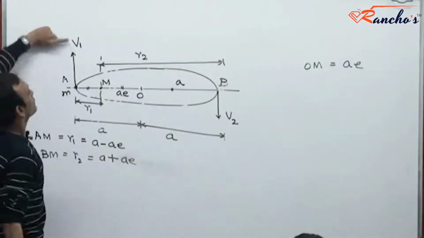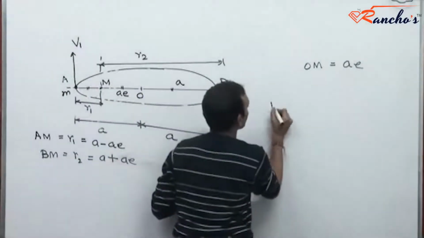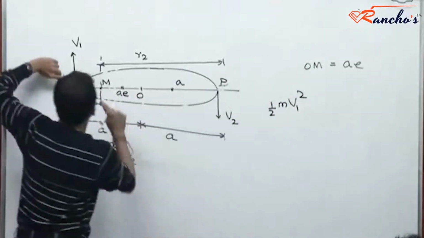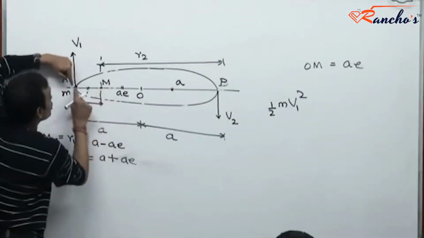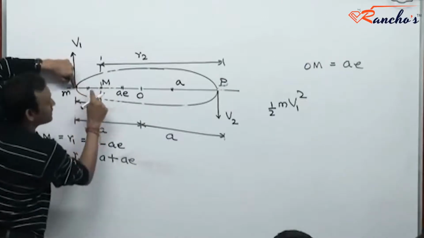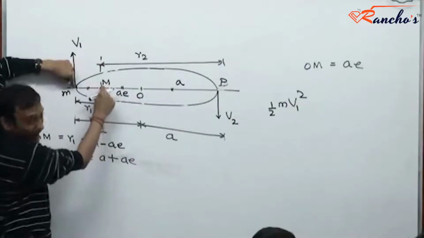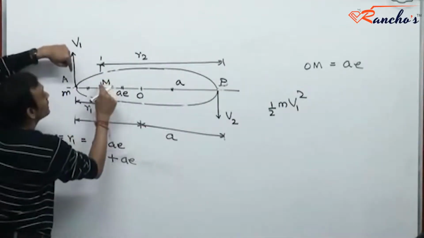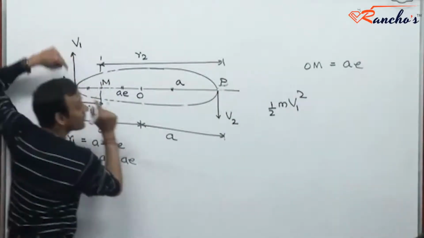At A, the kinetic energy is half m v1 squared, and it's at a distance r1 from capital M. So its potential energy at this point is going to be minus G capital M small m by r1. That's the potential energy at A, right?